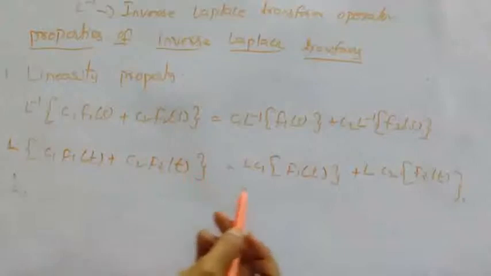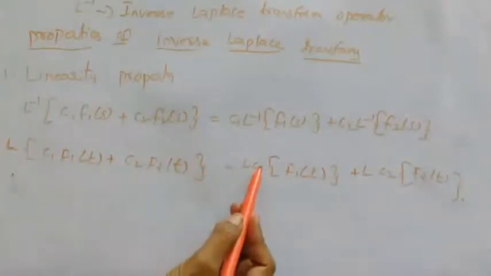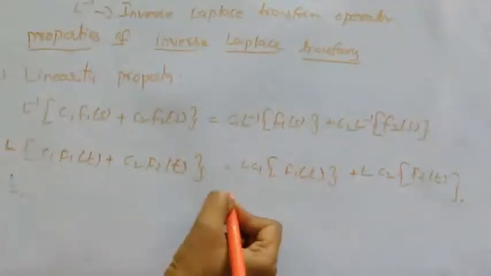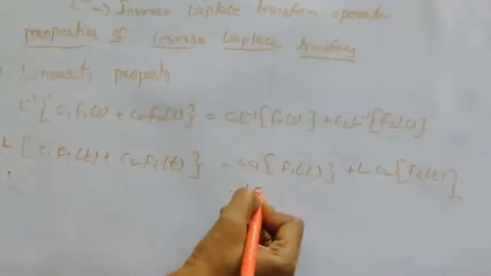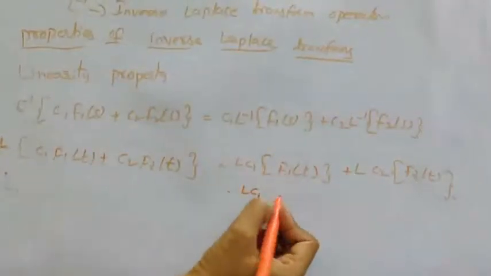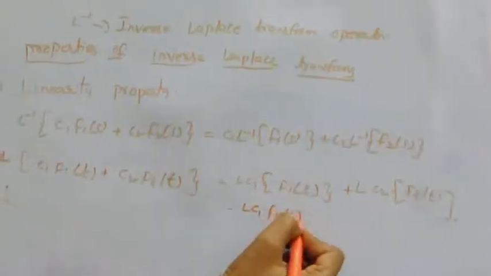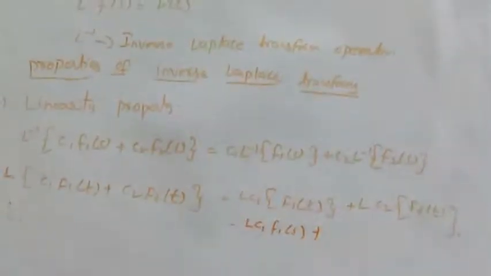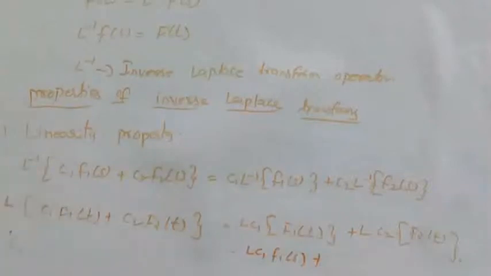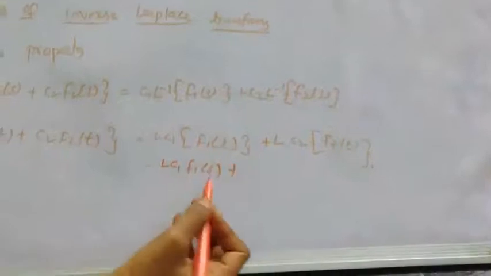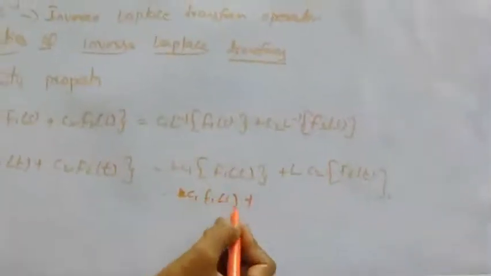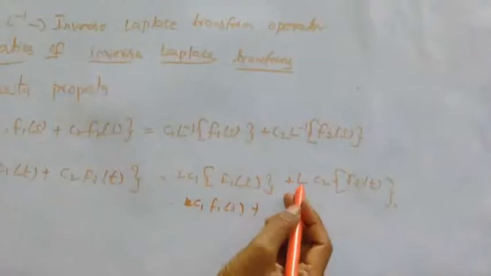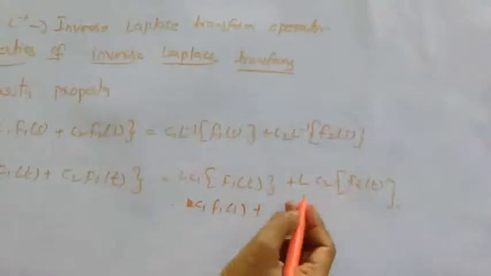Then we brought C1 and C2 out of the bracket. Now L of f1 of t is nothing but F1 of s, and L of f2 of t can be written as F2 of s.